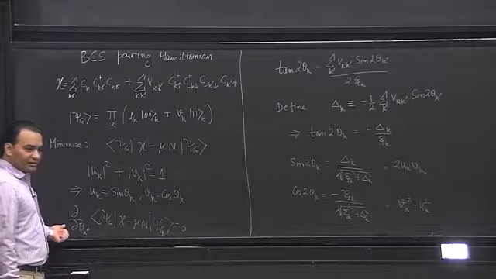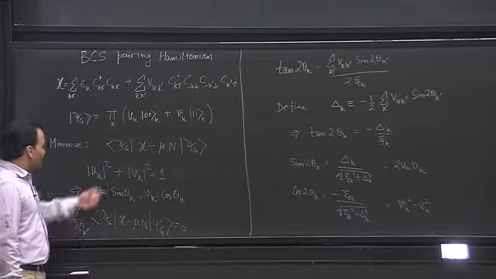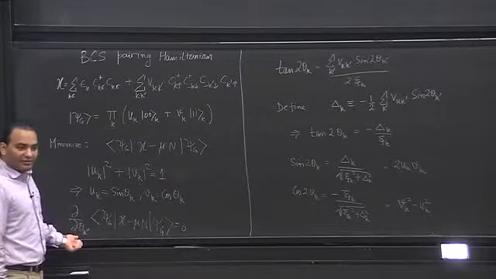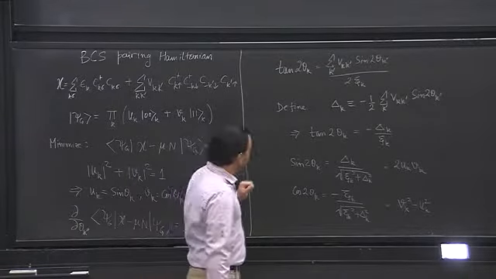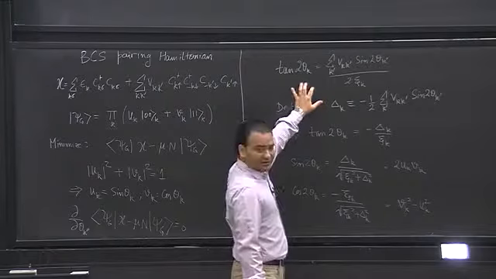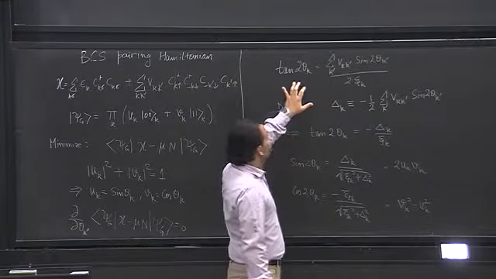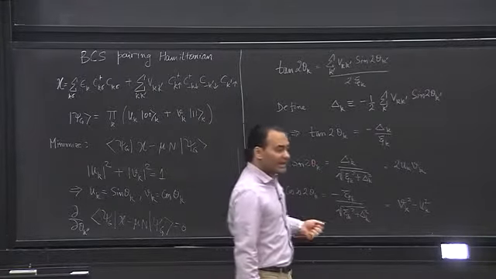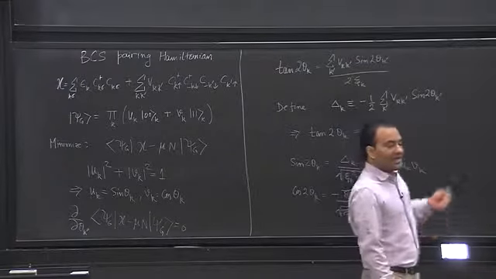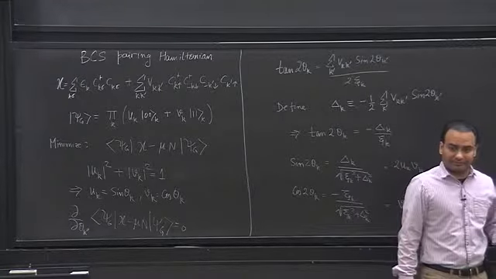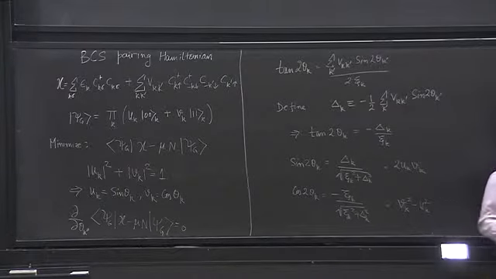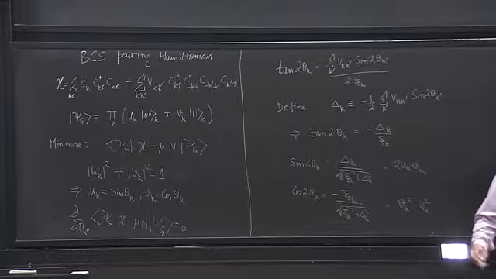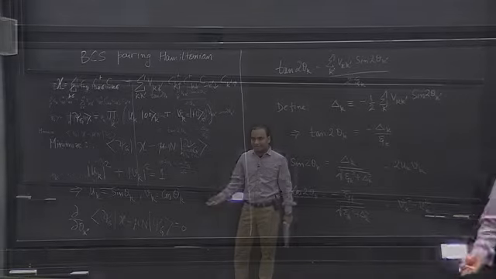Then we have to minimize this quantity as a function of this angle theta. We do that, and what we find is this equation here. We find the value of theta k that minimizes H minus mu N. Once you find theta k, you have found the values of uk and vk, so you have the ground state of the superconductor.